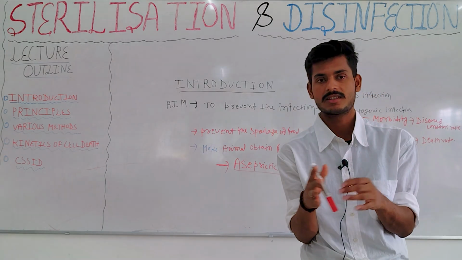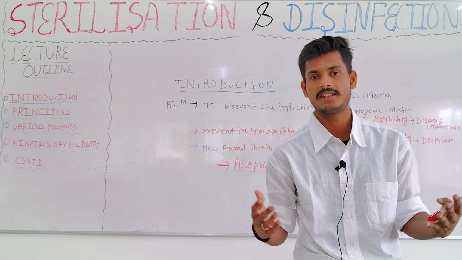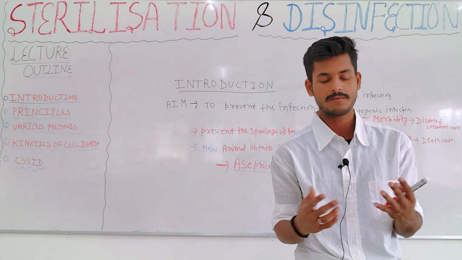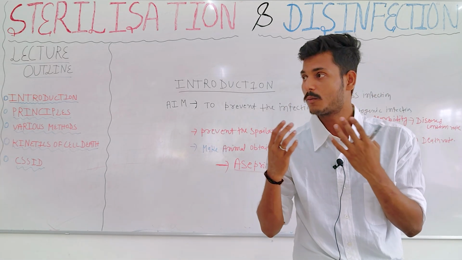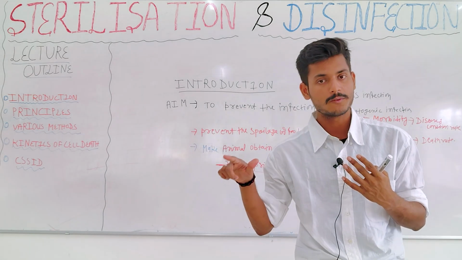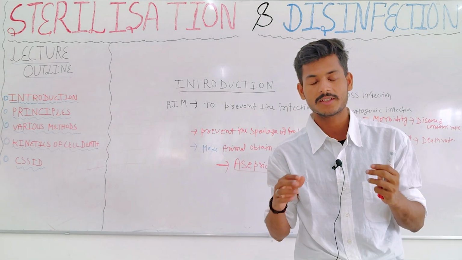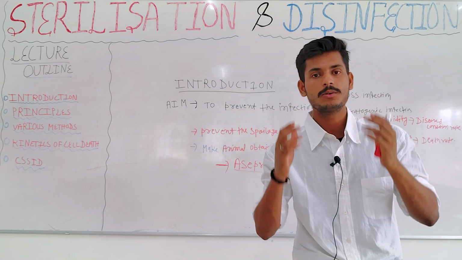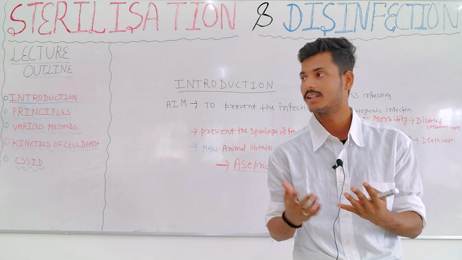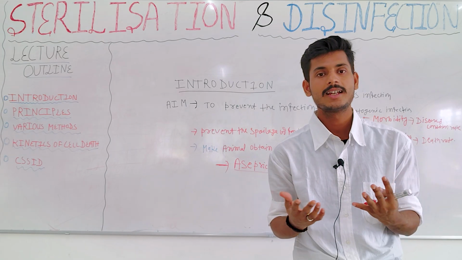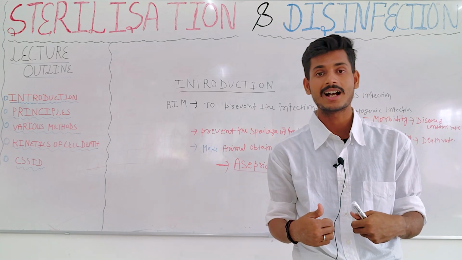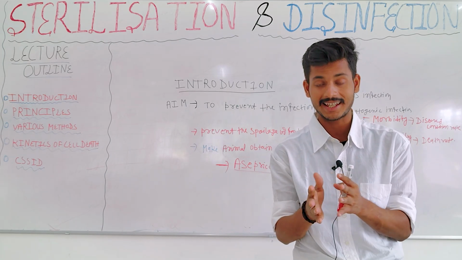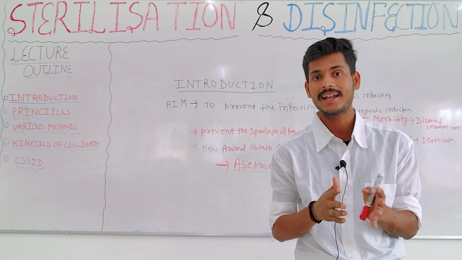One of the means is PPE, personal protective equipment. If you wear glasses while working in clinical settings, if you protect your hands with gloves, and if you wear gowns, these are some of the means. And also hand washing.